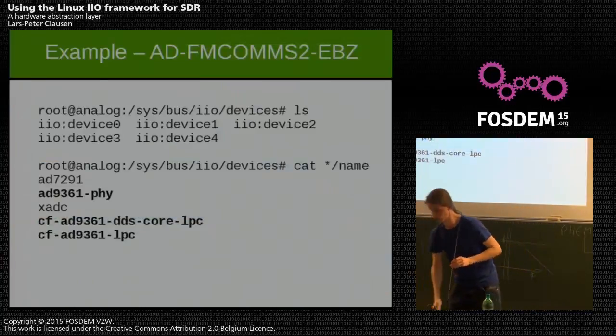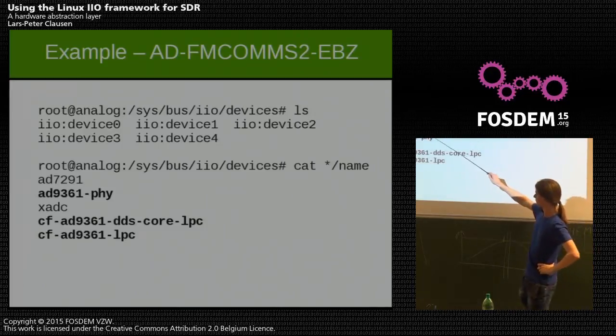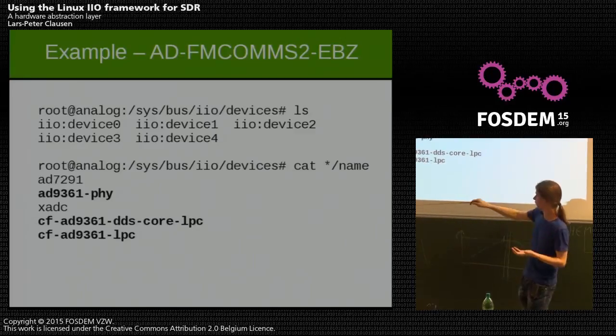And the way this is represented in sysfs is you have one directory called sys/bus/iio/devices, in which you have all the different devices. And as you can see, in this case, we have 5 devices. 2 of them are just normal sensors which do temperature, the XADC and the Xilinx FPGA, which is used for voltage and temperature monitoring.